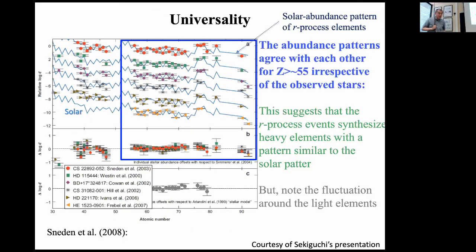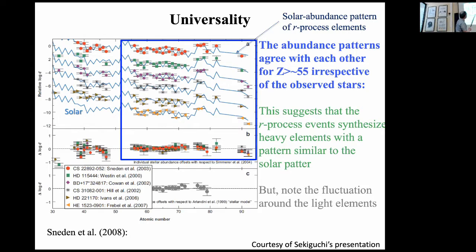This is a figure for universality. Here I'm showing information related to the abundance of the elements. This curve shows the solar abundance pattern, and the other points show the results for metal poor stars in our galaxy and the nearby galaxy.